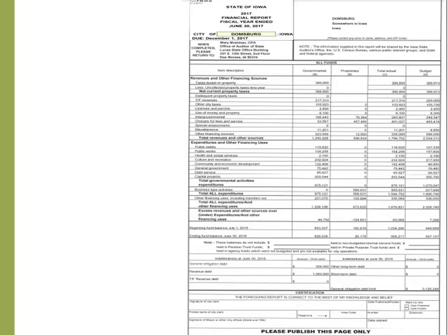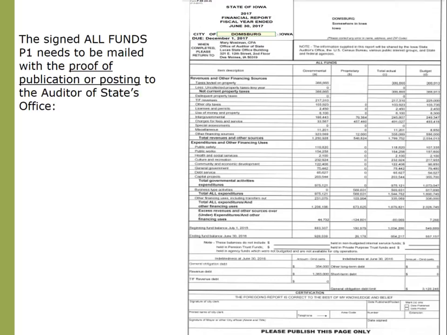Now you've reached your very last step. You need to take a signed copy of the All Funds P1 page and mail it to the Auditor of State's office along with either your proof of publication or your affidavit of posting by December 1st.